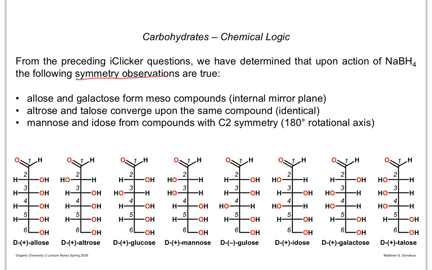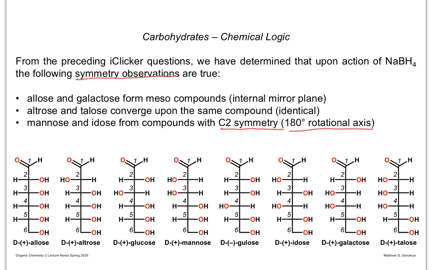So these are the symmetry observations. Allose and galactose form a meso compound, so they have an internal mirror plane. Altrose and talose converge upon the same compound, they're identical. Mannose and idose form compounds with, use this term here, C2 symmetry. That just means a 180-degree rotational axis.